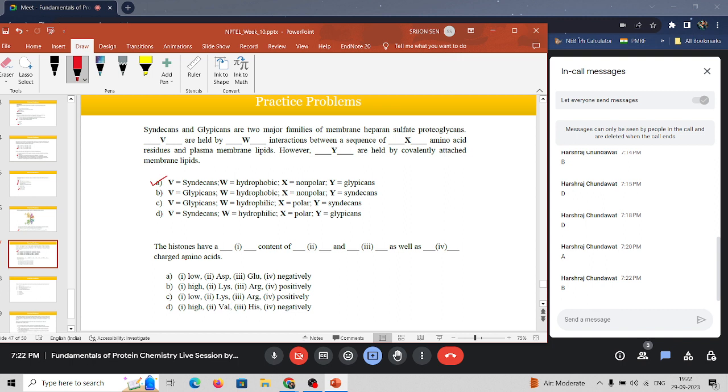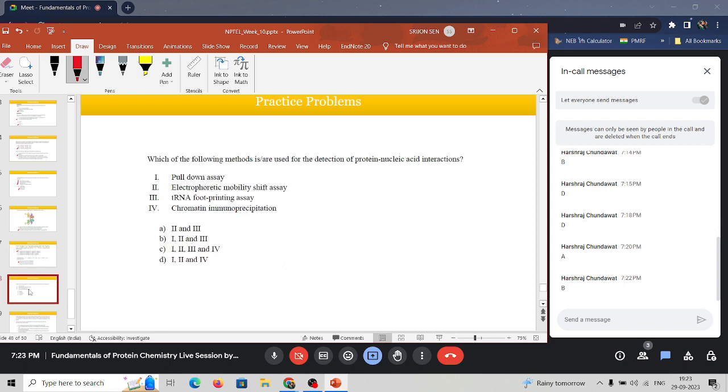So histones should be positively charged. And then you have lysine and arginine, so they have a high quantity of positively charged amino acids, right? So B is the correct answer. Yes, high content of lysine and arginine, which are positively charged amino acids. Yes, that is correct. Okay, the next one.